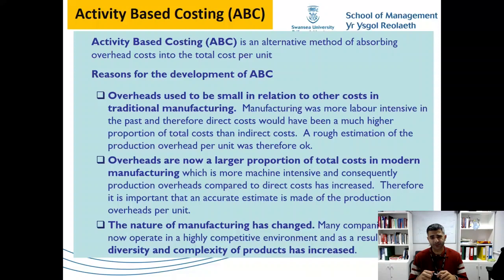Because the environment becomes more complex and the market becomes more competitive, so they need a method to apply in order to give the right, accurate cost per unit again and again. So ABC is the one we need to rely on when it comes to complex business, a lot of diversity, various products, and huge overhead cost.